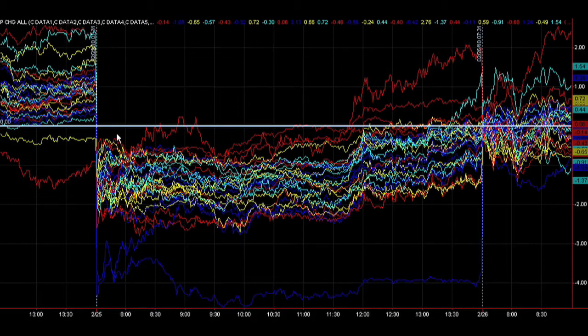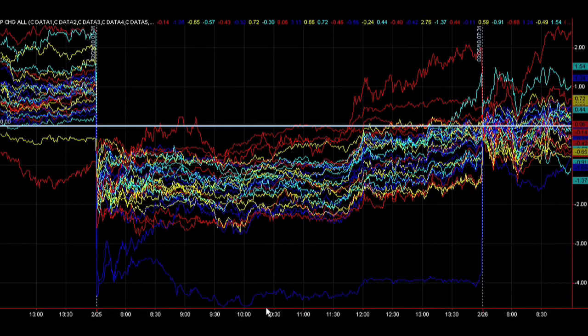Obviously you could see this just on a listing on a matrix grid of the stocks, but this horizontal line right here is the zero line, represents the close of every individual stock, and what you're looking at here are the percents below of each individual stock, percents below their respective closes.